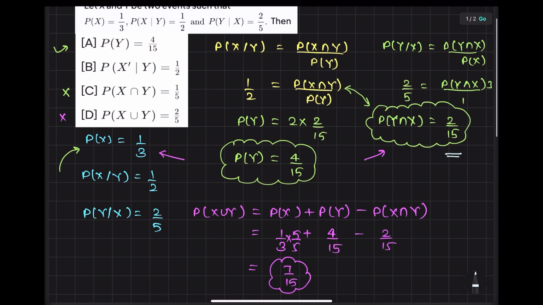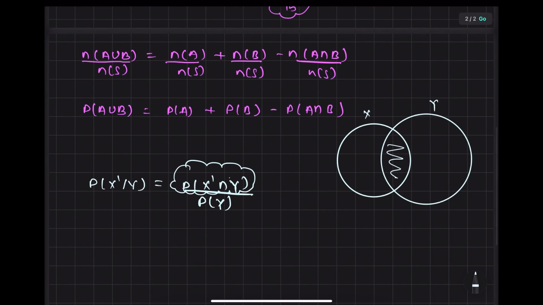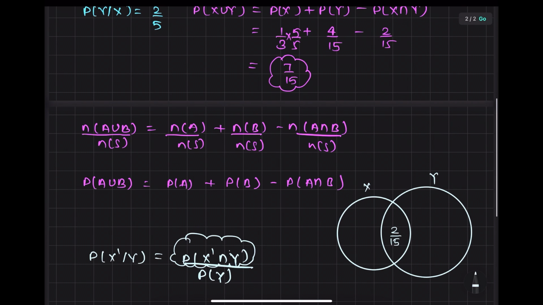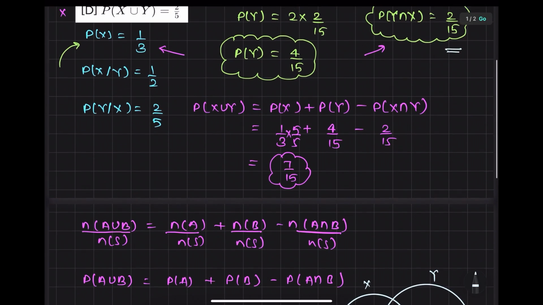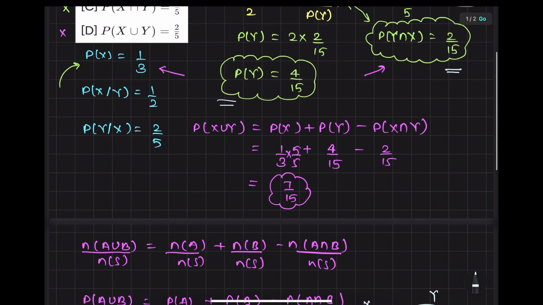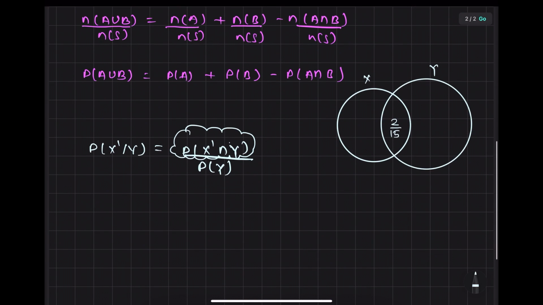X intersection Y is 2 by 15. Now we have to find this part, so it is outside X but inside Y. So P of Y is what? 4 by 15. And you guys have already consumed 2 by 15. So we are left with 2 by 15.